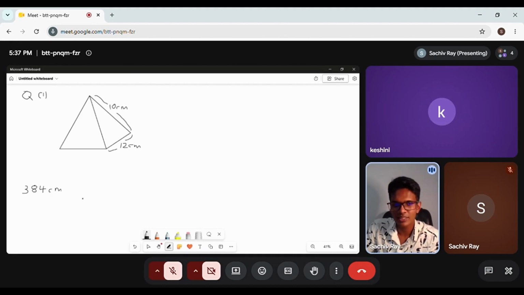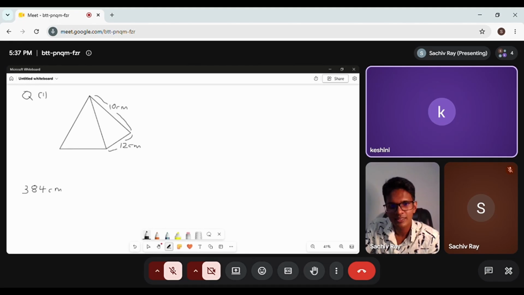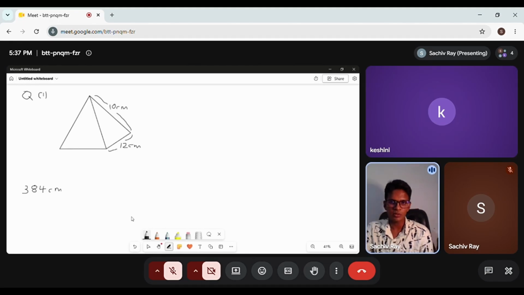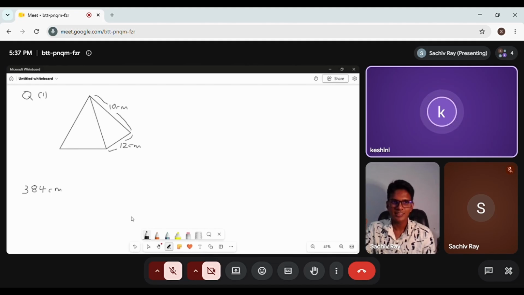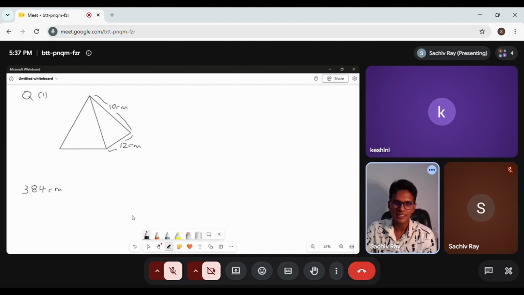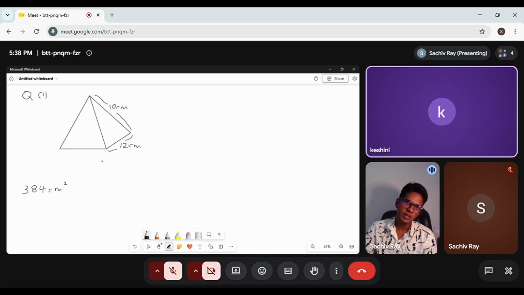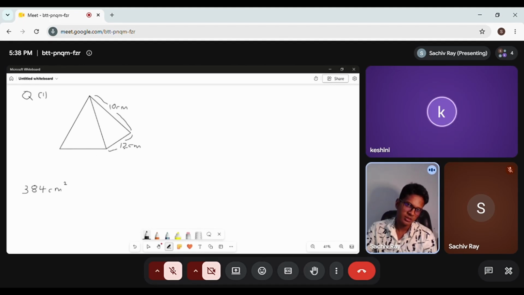Is it 384 centimeters coconuts? Centimeters square, right? The area of the square surface.